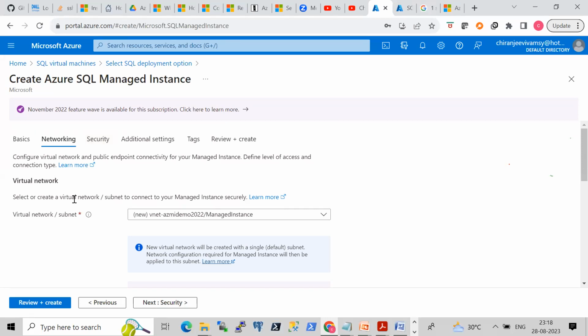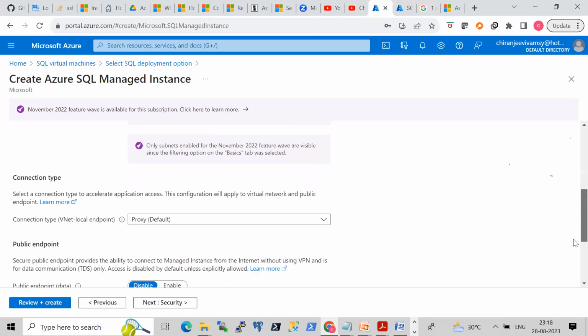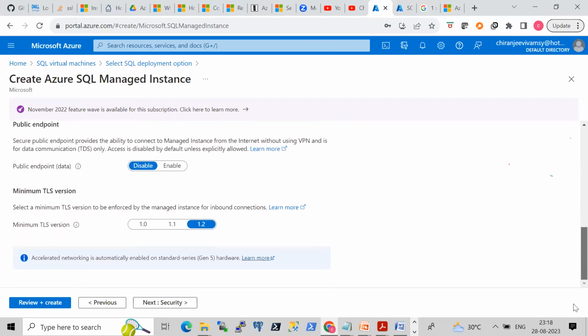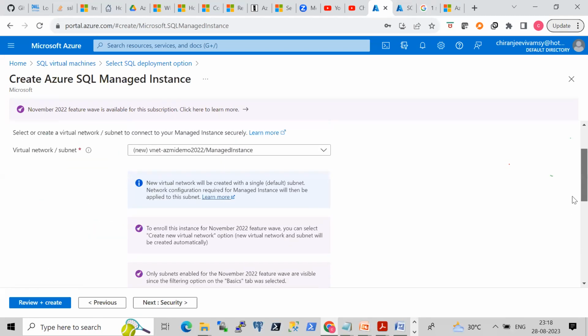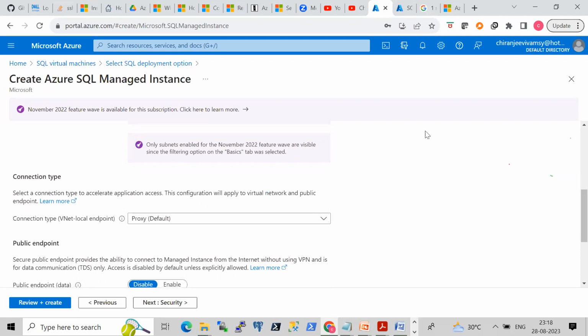Vamsi, are you planning to deep dive into the networking side? I mean the endpoints, public and private endpoints, and the other one also. See, when I was explaining MI last time, I created a real on-premises setup where I clearly showed a site-to-site VPN between the on-prem machines and MI.